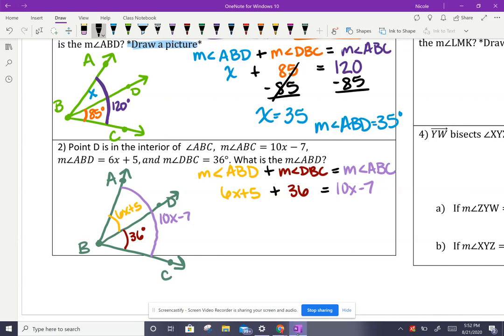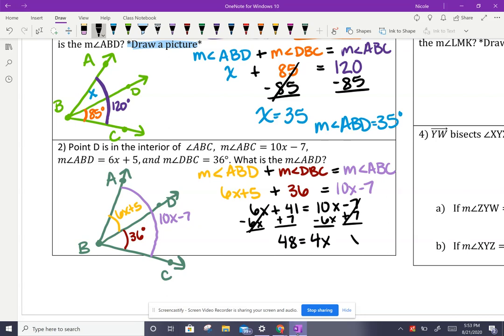We combine like terms and get 6x plus 41 equals 10x minus 7. I'm going to add 7 to both sides and subtract 6x at the same time. If you prefer to do that separately, that's fine. 41 plus 7 is 48. 10x minus 6x gives us 4x.